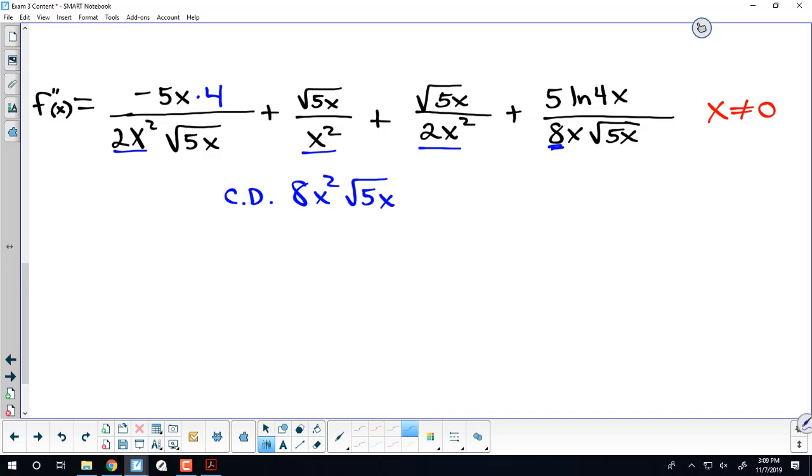What we need here is a root 5x. Or we need a 4 down here too. We need a 4 root 5x here. And then an x here and then an x here.